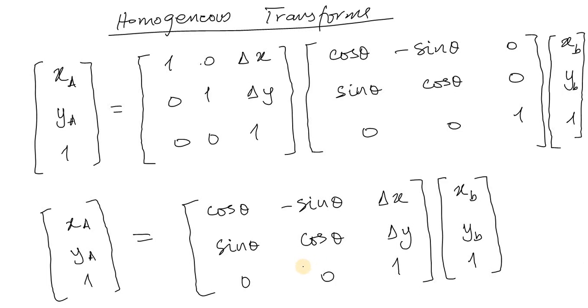You just multiply this matrix with any frame that you want to transform, and then you get the rotated and translated frames in your reference frame. So this is the advantage of using homogeneous transforms.